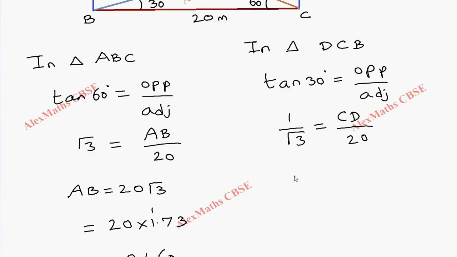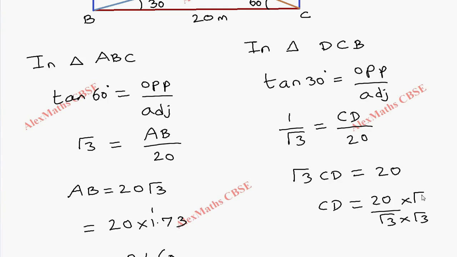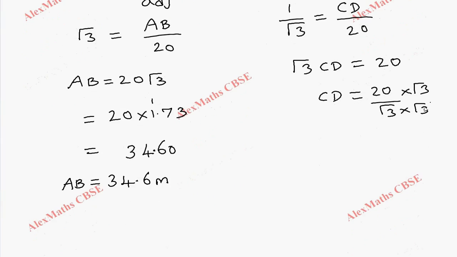So from this, if I cross multiply, root 3 CD equal to 20 and value of CD is 20 by root 3. Let's rationalize the denominator by multiplying both numerator and denominator by root 3. So CD equal to 20 root 3 by 3.